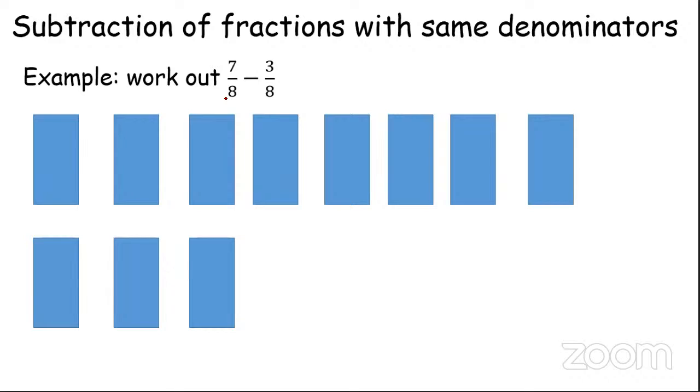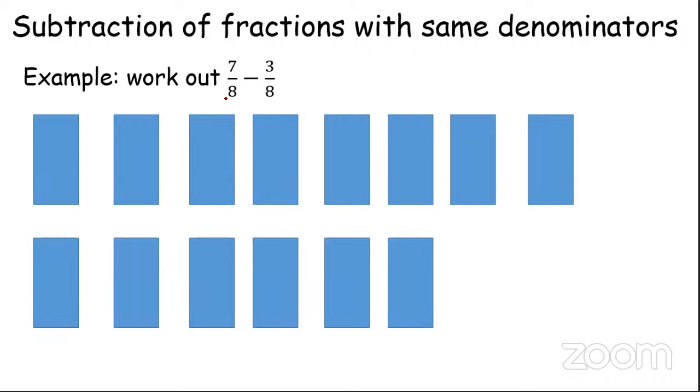Okay, so here are our 7 pieces. So how are we going to remove the 3? Yes. So you can decide to cross this one out, which is the first, second, and third.